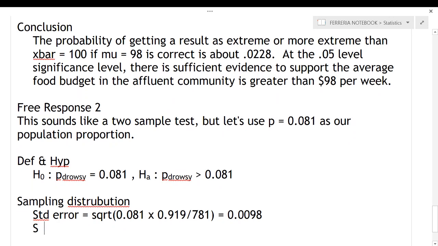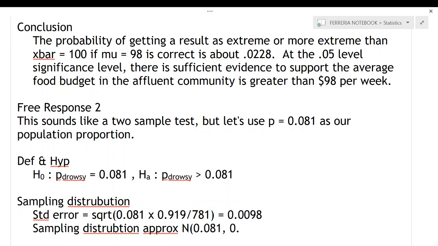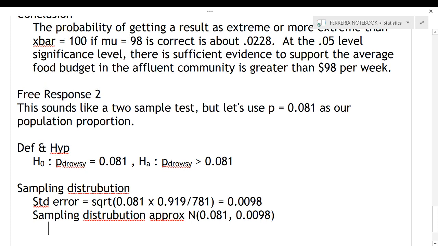Okay, so we have the sampling distribution. One sample proportion, approximately normal with a mean of 0.081 and a standard error of 0.0098. How can we make this claim? Well, first thing is that we have to have an unbiased estimator. So do we have a random sample?